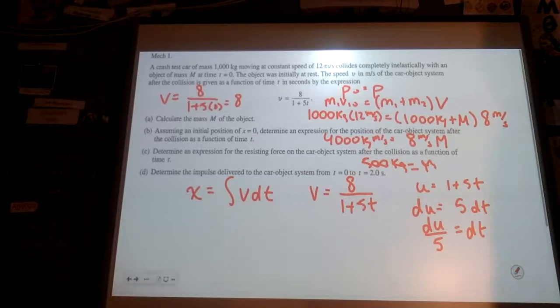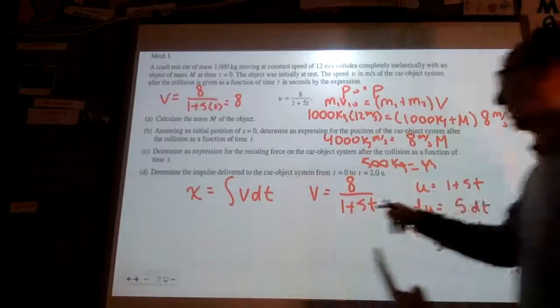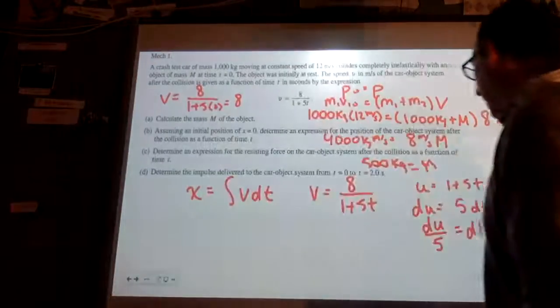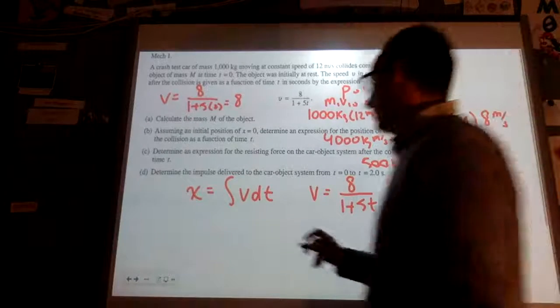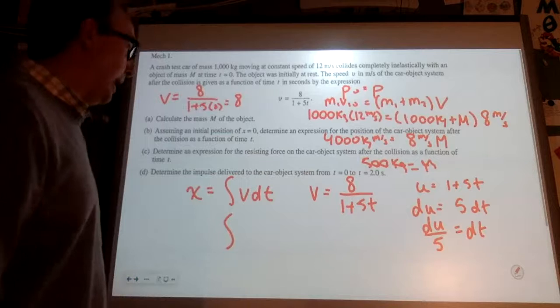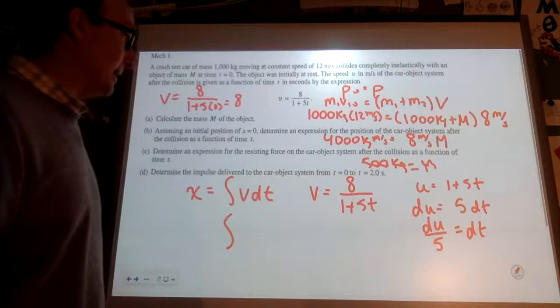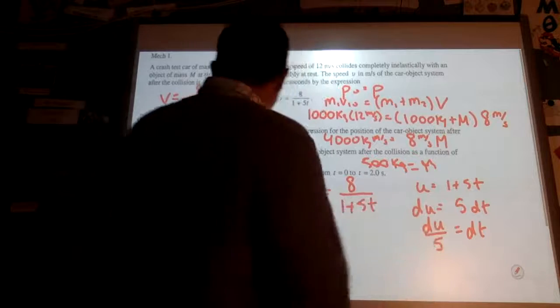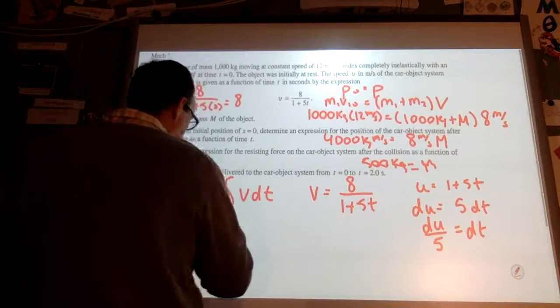All right, so when I plug this back in, I have the integral. I'm saying that dt is du over 5, so I'm going to put the 5 in front.